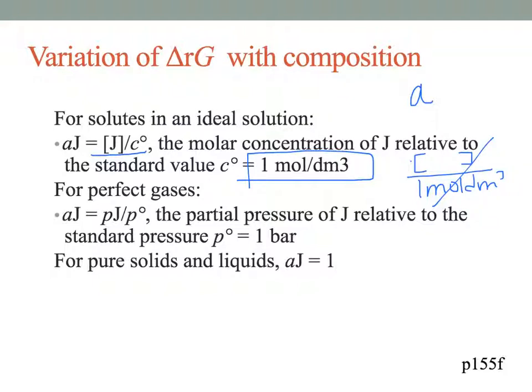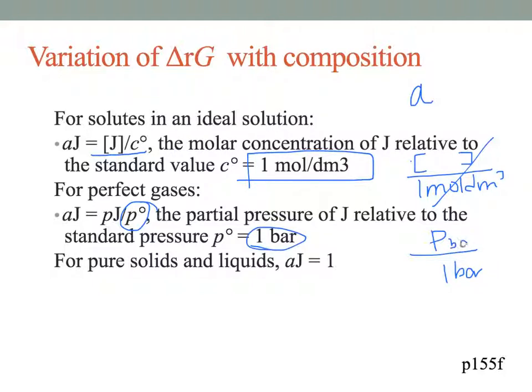The same is true when we have our sample or our solute expressed in pressure, where our pressure is expressed in the numerator, and then our P naught is expressed in the denominator, which is simply the value of 1 bar.